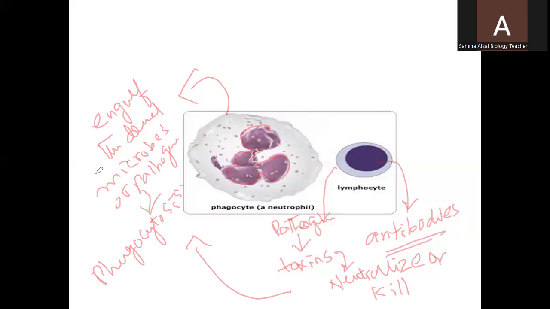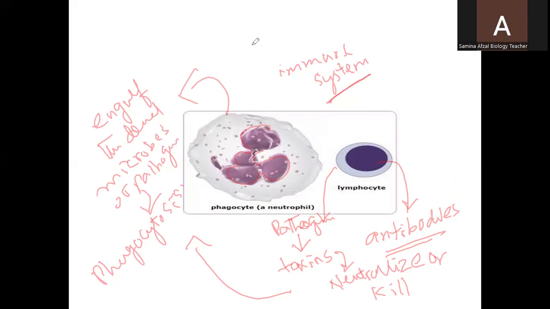So in this way, these white blood cells make up our immune system. They fight against microorganisms or pathogens.